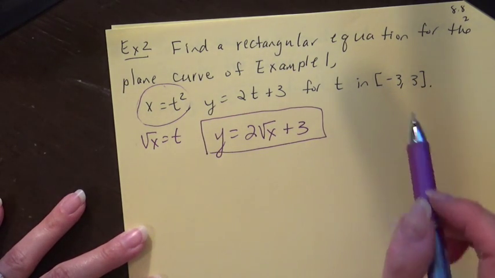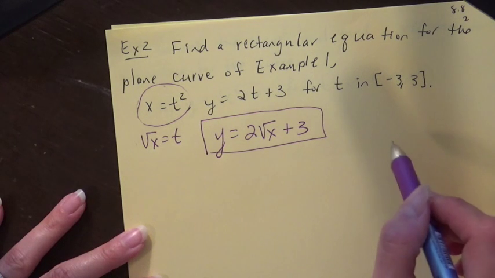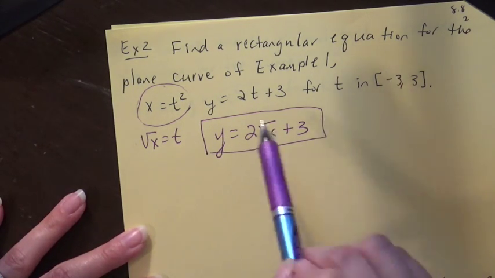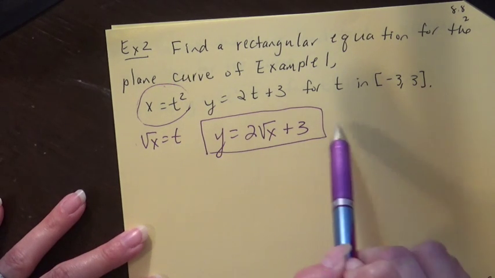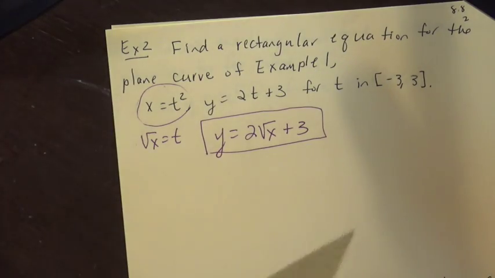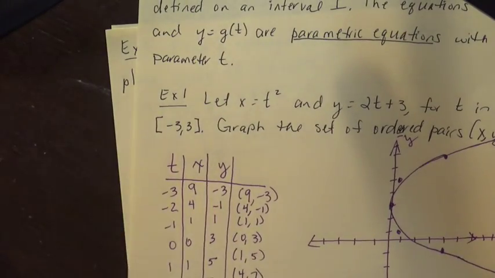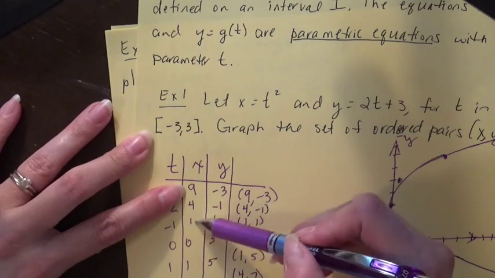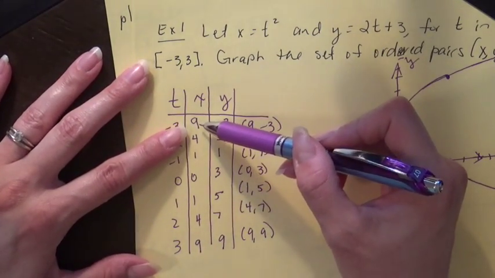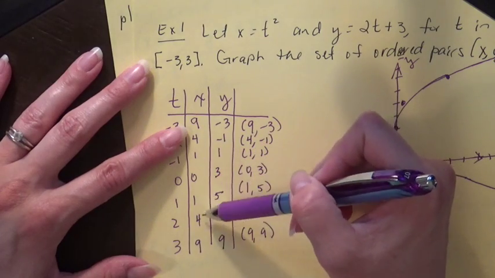We also have to say which interval this is in terms of x. The original was given in terms of t, so how do we determine the interval in terms of x? Well, if you go back to where we graphed it, x is defined for these values in our table: 9, 4, 1, 0, 1, 4, 9.